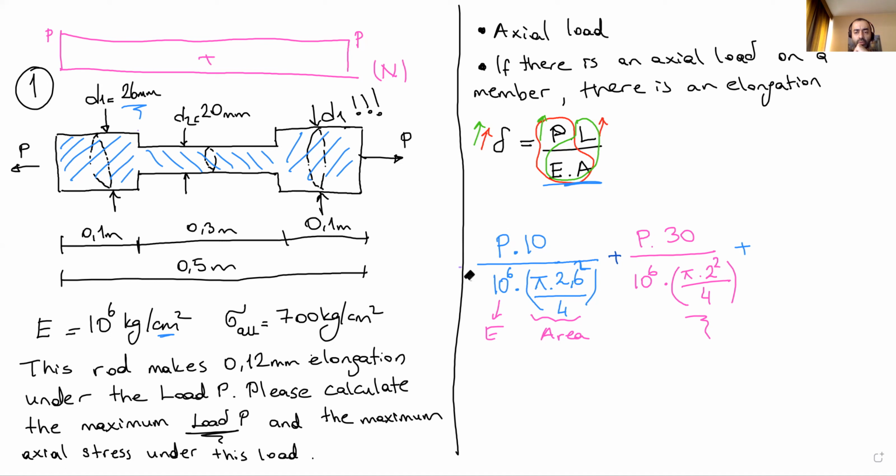Or you can write the equation again. Let's write the equation here again. P times 10 over elasticity times the area, pi times 2.6 squared over 4. Okay, equals what? This equals the total elongation given in the question. Where is it? It's here in the question.